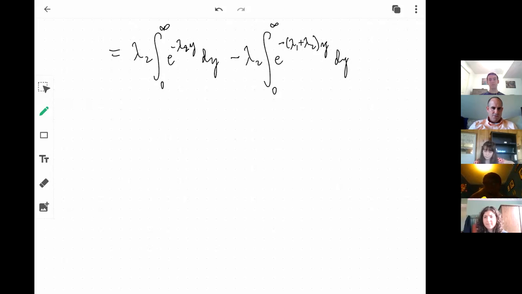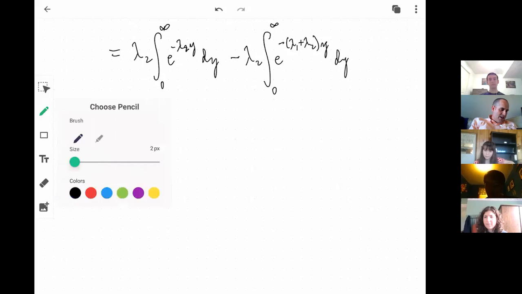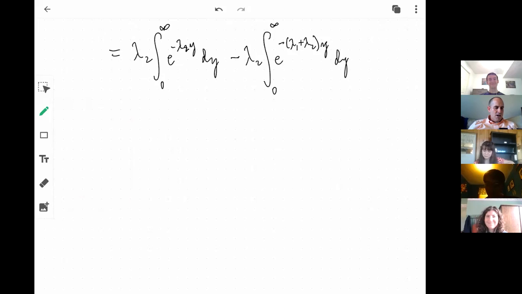Does that make sense, Emma, so far? Yep. All right, now here's the thing. Let's work smart and not hard here. Hey, look at this. Isn't lambda 2 e to the minus lambda 2y just the density of y?